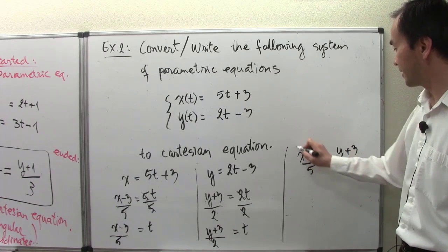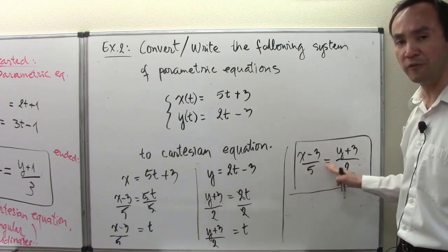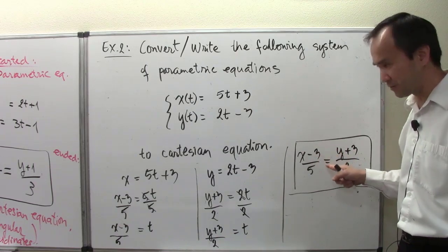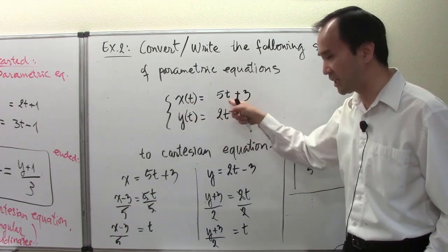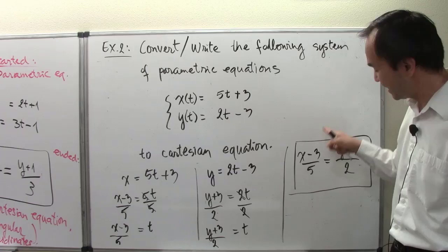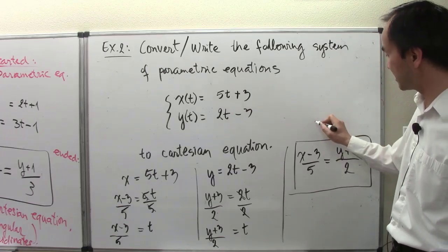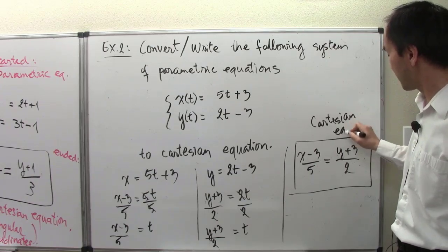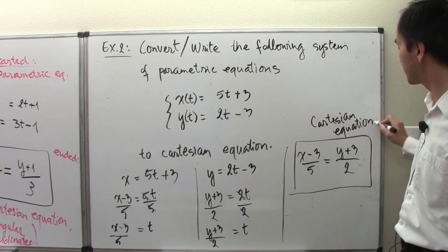And this equation now is completely free from the t variable. Here there was x, y, and t involved, but here only x and y are involved. This is a good check. It's saying that we are right here at our Cartesian equation. All right.